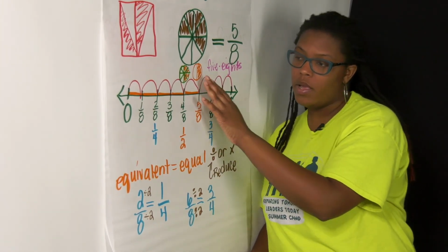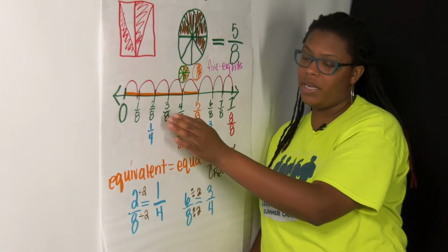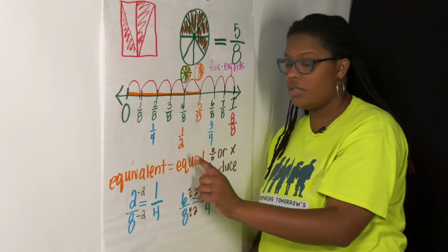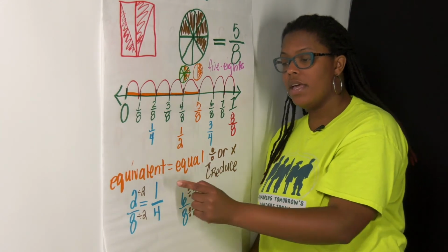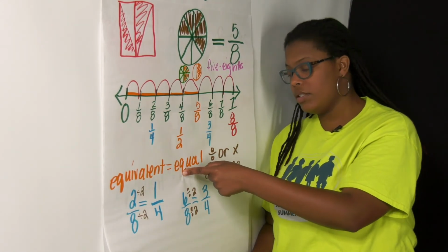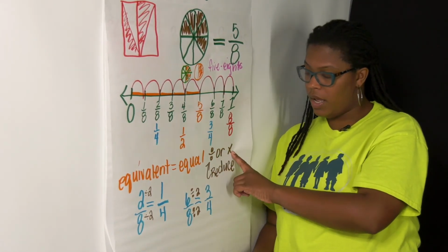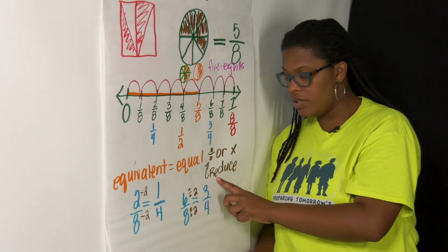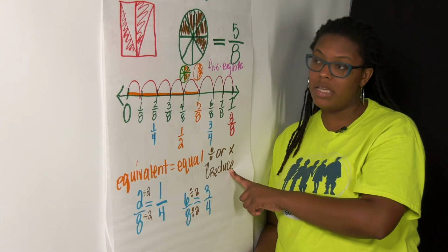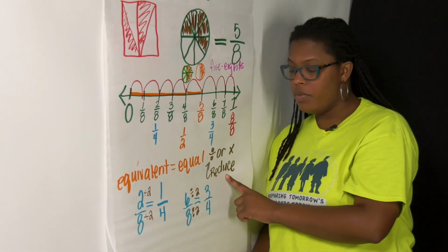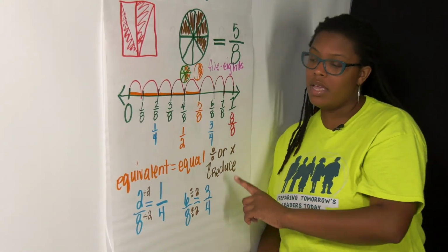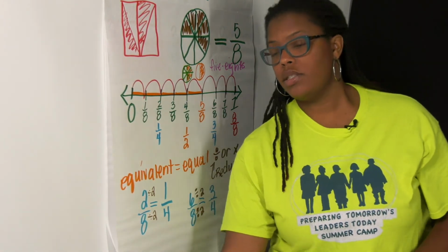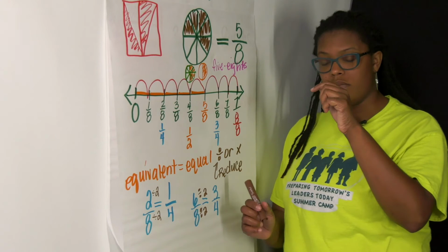We also went over fractions and expressed them as equivalent fractions, which means they are equal. And to find an equivalent fraction, you either multiply or divide. We use division when we want to reduce our fraction or make it smaller. Anytime you want to reduce something, if the question asks you to reduce the fraction, that means they want you to make it smaller.